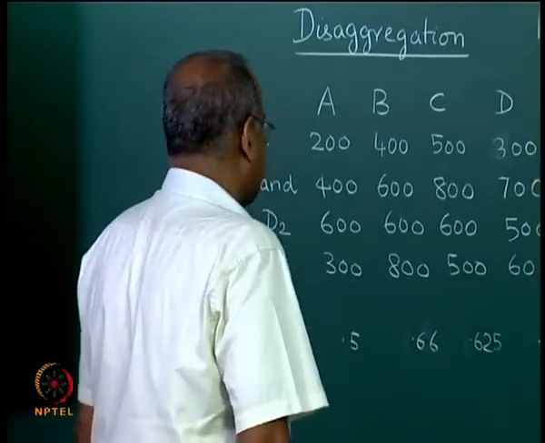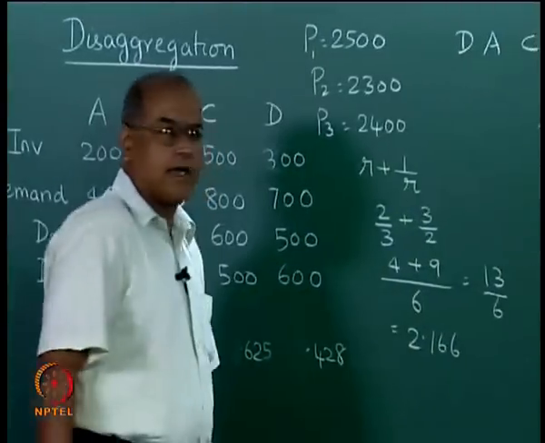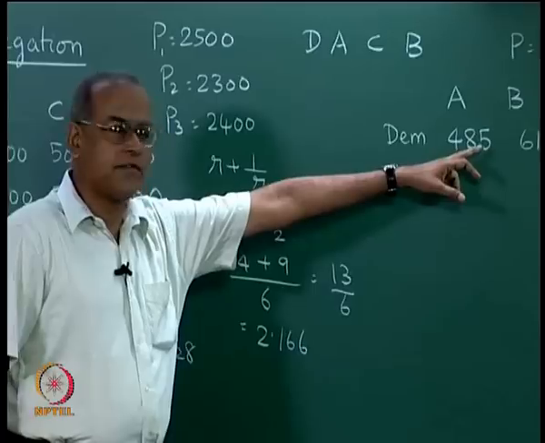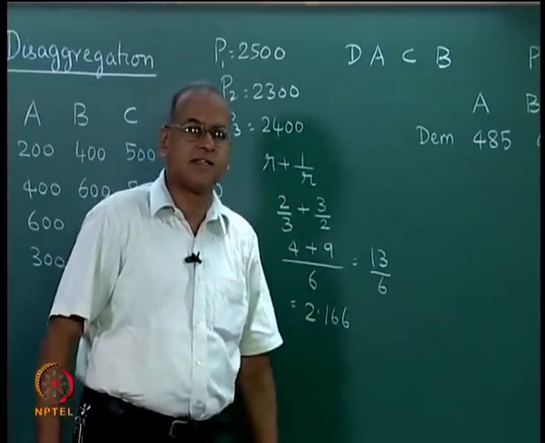The question is, do we have to compute R again, considering the four demands of 485, 615, 685 and 600?